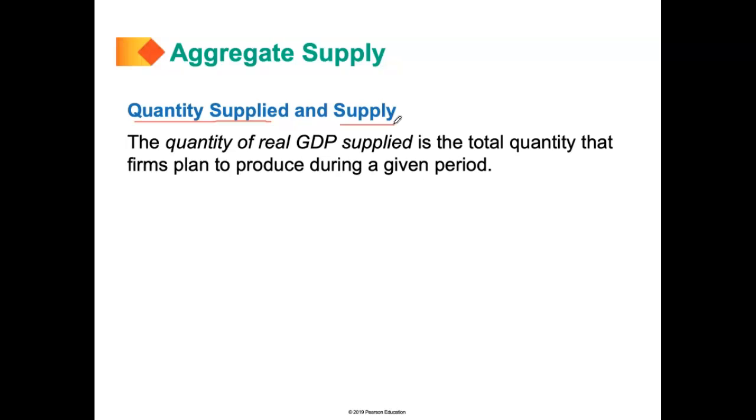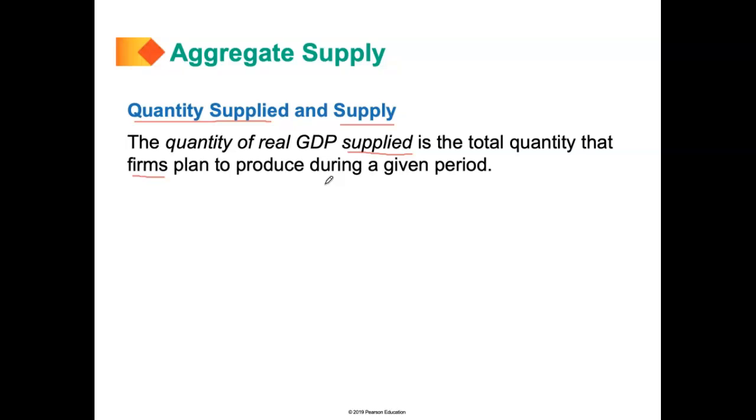And the quantity of real GDP supplied is the total quantity that firms or producers or sellers plan to sell or produce during a given time period, holding everything else constant. That is the quantity of real GDP supplied. With supply, you're always looking at things from the perspective of the firm or the producers. So, what is the total quantity that firms plan to produce during a given period, holding everything else constant?